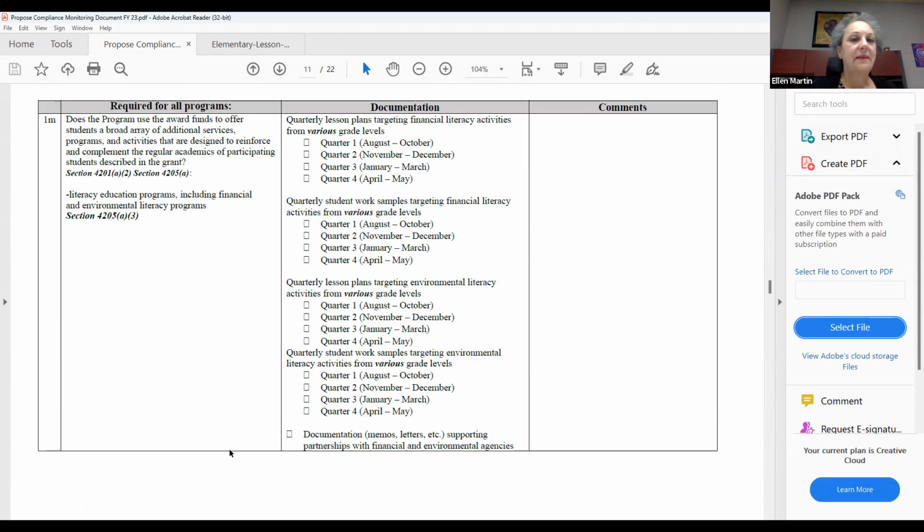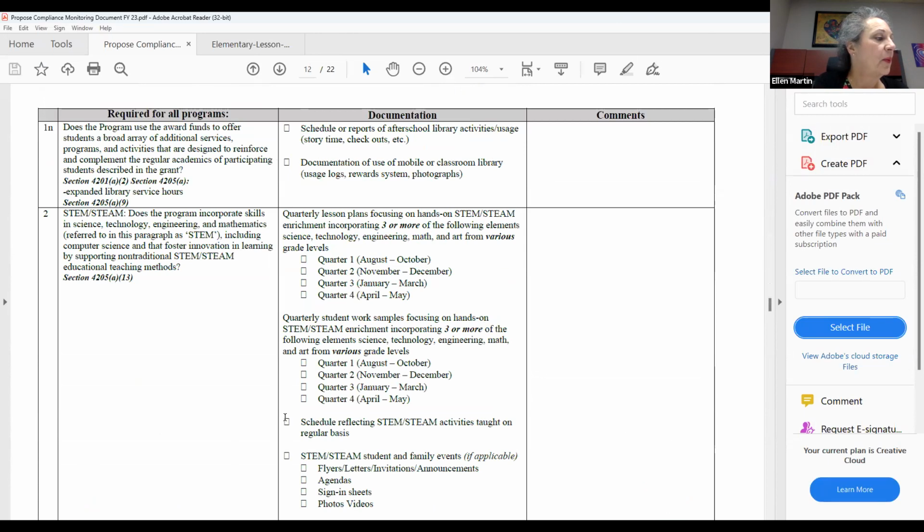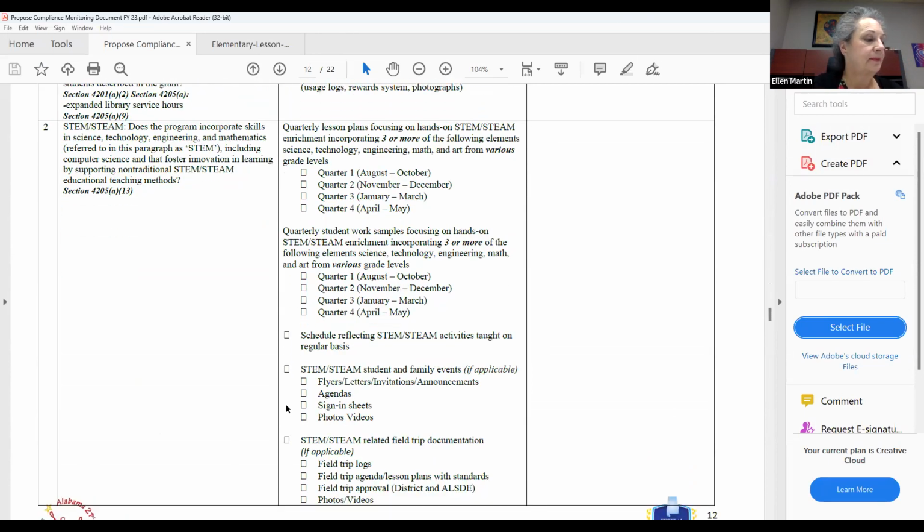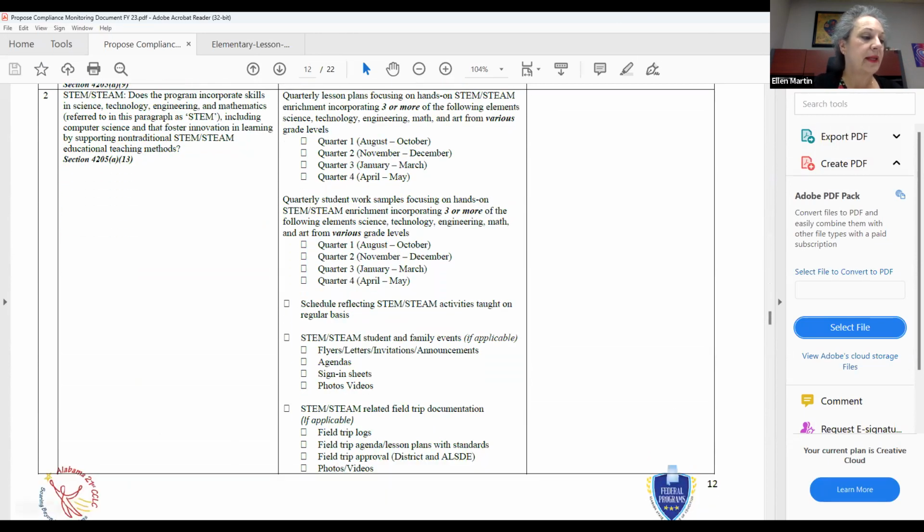All right, STEM and STEAM, yes. So with this on your compliance monitoring, this is on page 12. It's actually item number 2. It talks about your lesson plans with STEM and STEAM, and you've got to incorporate 3 or more of the following elements: science, technology, engineering, math, and art from various grade levels. And the thing is, it's incorporating those 3 elements into one lesson.